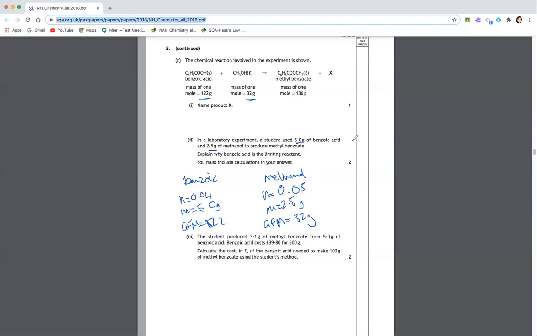Now it's a 1-to-1 ratio because there's no numbers in front of them. So if you wanted to react all of the benzoic acid that you had, you would need 0.04 moles of methanol, but you have 0.08.